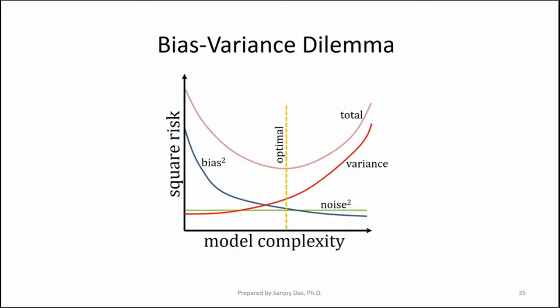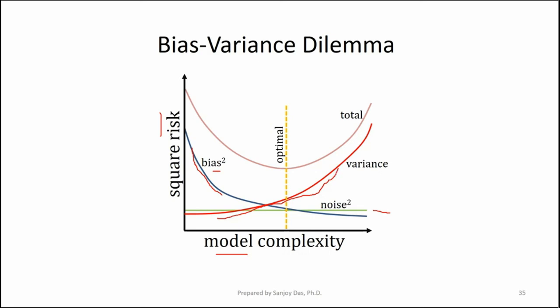So this figure shows that. This is the model complexity along the x-axis, and this is the risk along the y-axis. The noise is constant. It's inherent to the data samples. Bias squared, the bias is steadily decreasing as the model complexity increases. The variance increases, initially by a small amount, but then it shoots up as we further increase the model complexity.